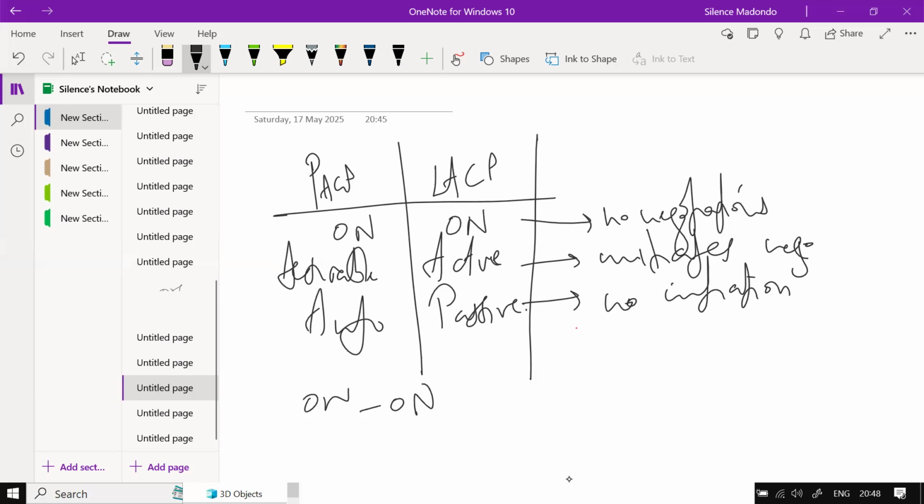On and anything else doesn't form an EtherChannel. Then desirable and auto can form something, desirable and desirable, yes.